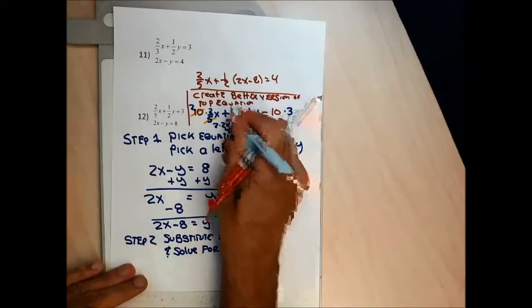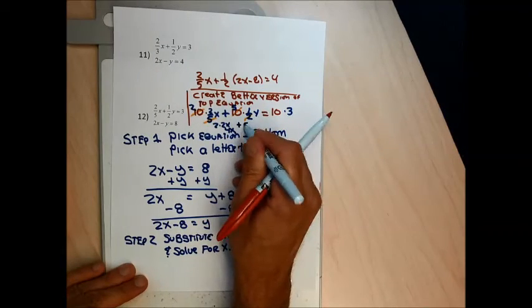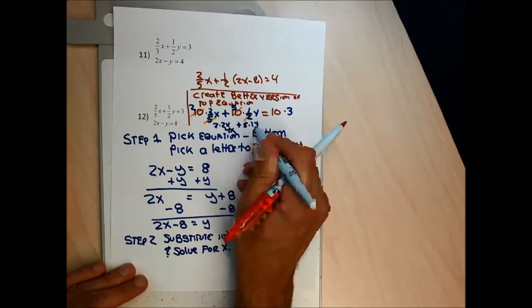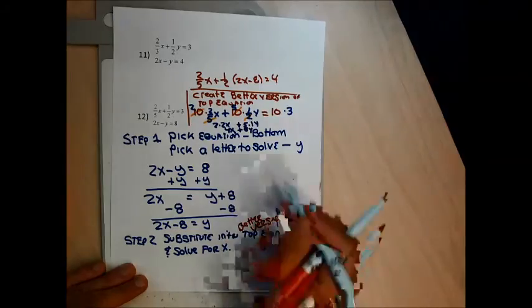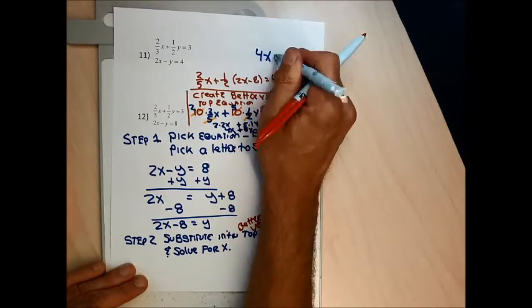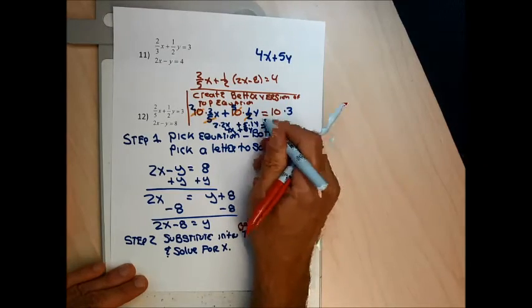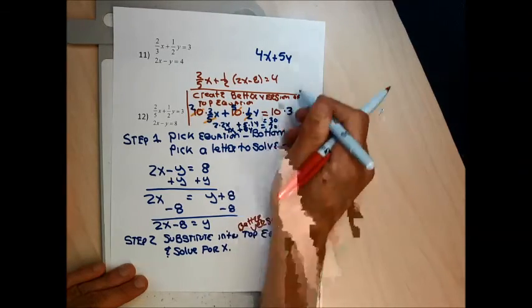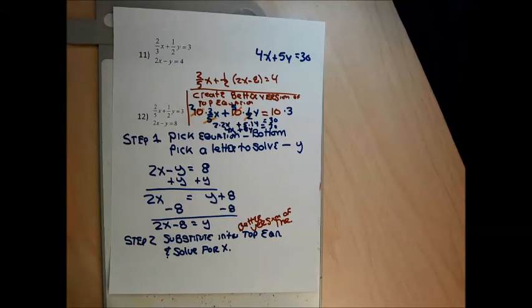The 10 is going to turn into a 5. I'm going to be left with plus 5 times 1 times y, which is plus 5y. So far I have 4x plus 5y. And to the right of the equal sign, 10 times 3 is 30. So the better version of the top equation is 4x plus 5y equal to 30.